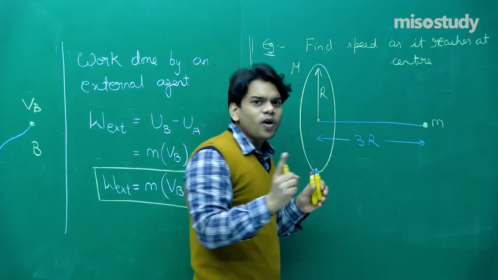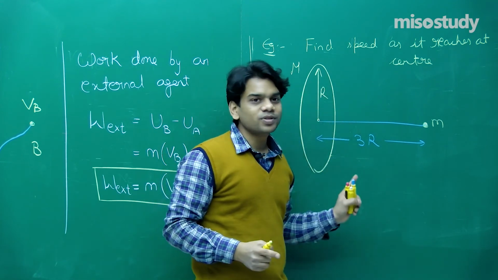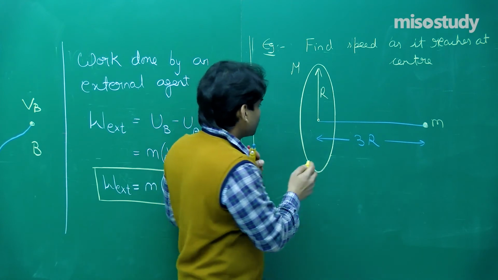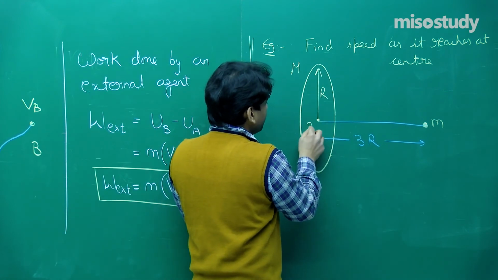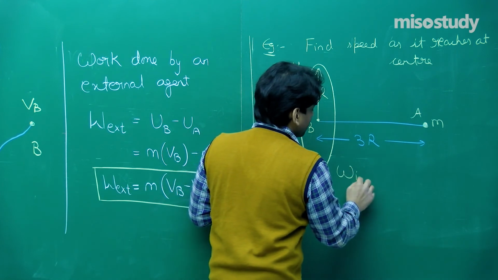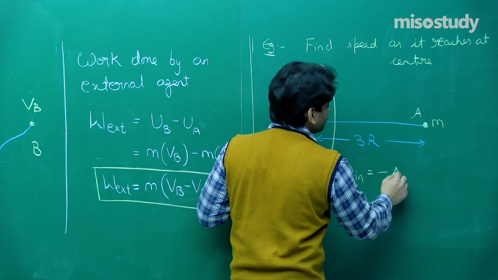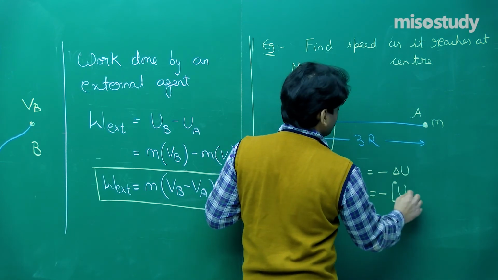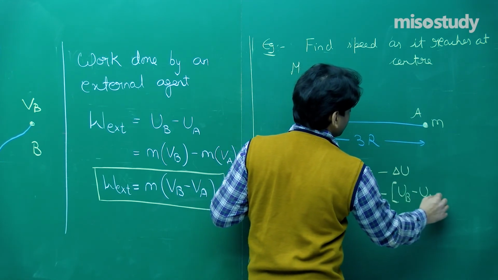Now you see, work done by the internal force will be equal to the negative of the change in potential energy. Let me say this point is point B and this point is point A. So work done by the internal force is minus of UB minus UA.